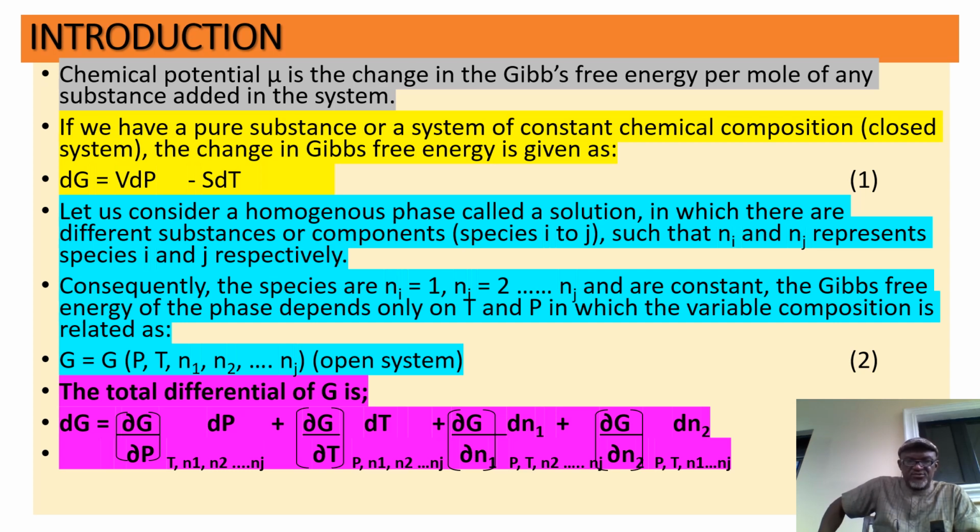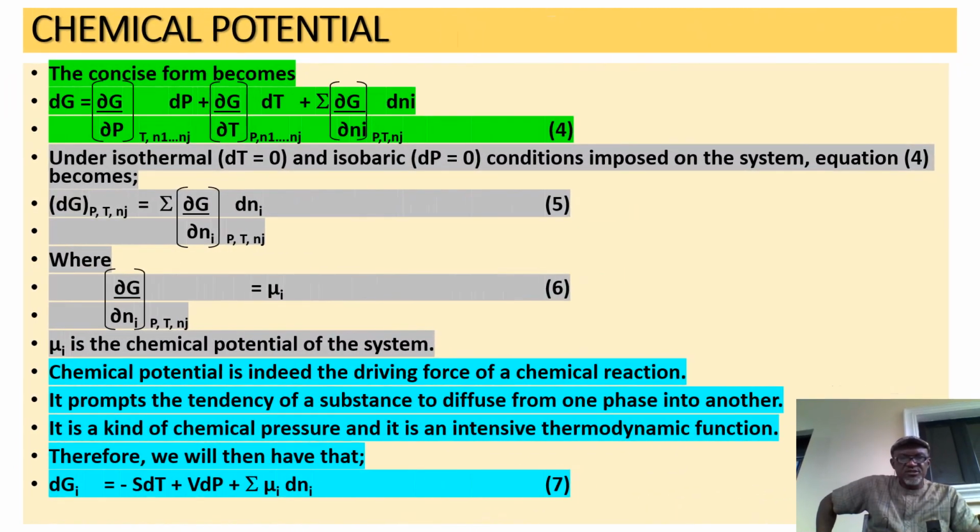We differentiate with respect to N1 and also with respect to N2. Now, when we simplify that equation, we'll have equation 4. You can see the summation sign, which tells us that we are summing over all the Ni, N1, N2, N3, and so on.